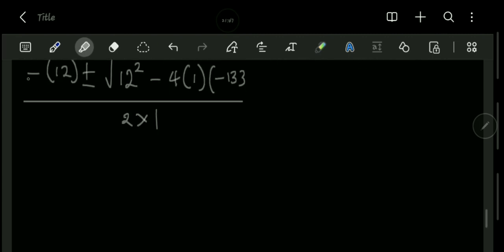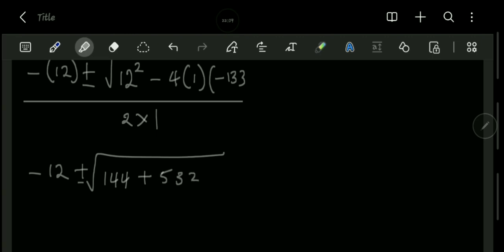So when this multiplies, I have minus 12 plus or minus square root of 12 squared is 144, then minus times minus giving me plus. So 133 times 1 is 133, and 133 times 4 is 532, all over 2.